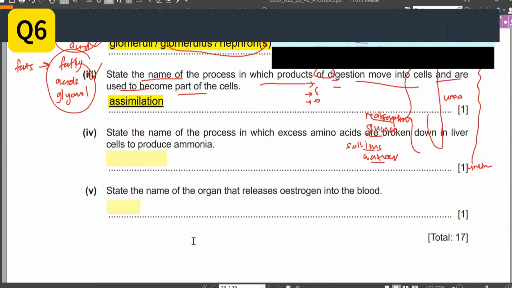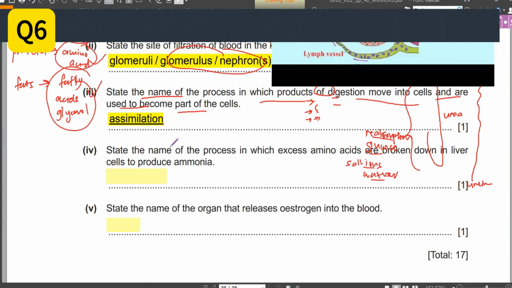Name of the process in which excess amino acids are broken down in liver cells to produce ammonia. If we eat protein, it will be broken down into amino acids. But sometimes when we have too much, we cannot store it.